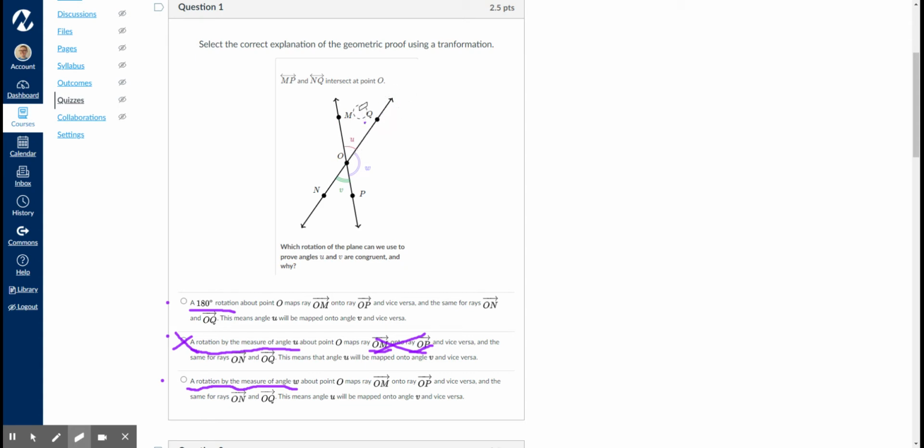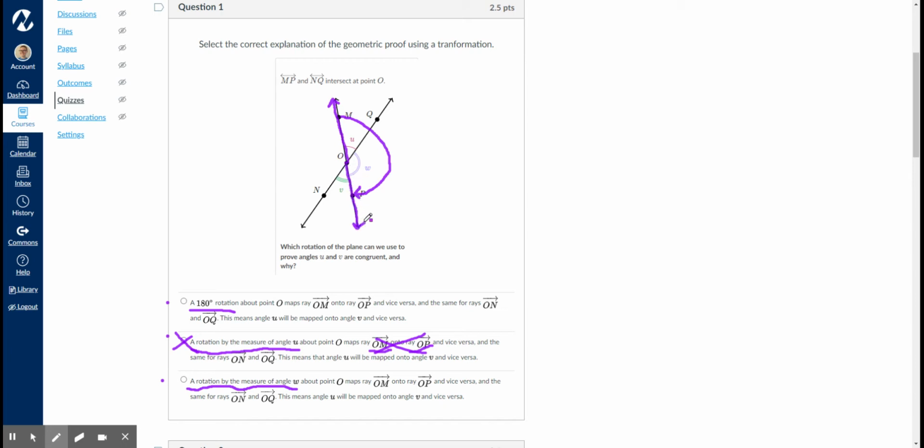Let's go ahead and look at the one that got the next most votes, which is A, 180 degree rotation about point O. So we're considering where it maps ray OM onto. So 180 degrees would take M all the way around about to where P is.